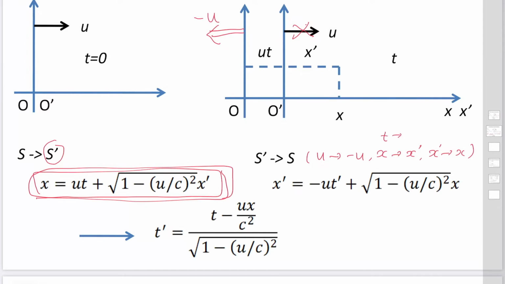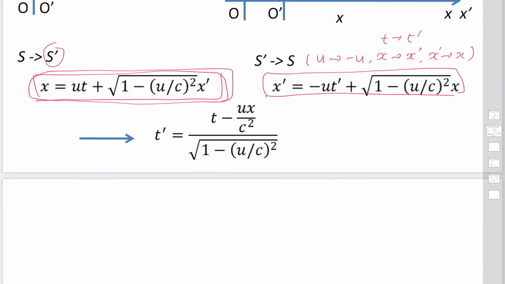So t is going to be t prime, and the square root of 1 minus u over c squared, and x prime is going to be x. So we have a new equation. By combining these two equations, we can derive this equation.